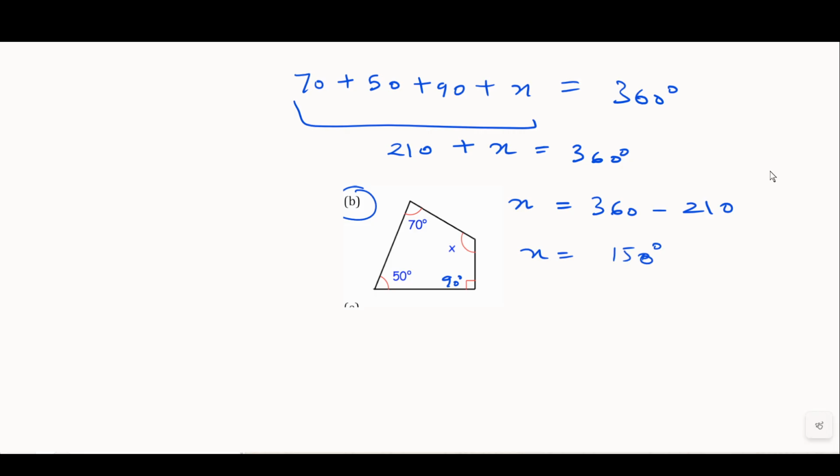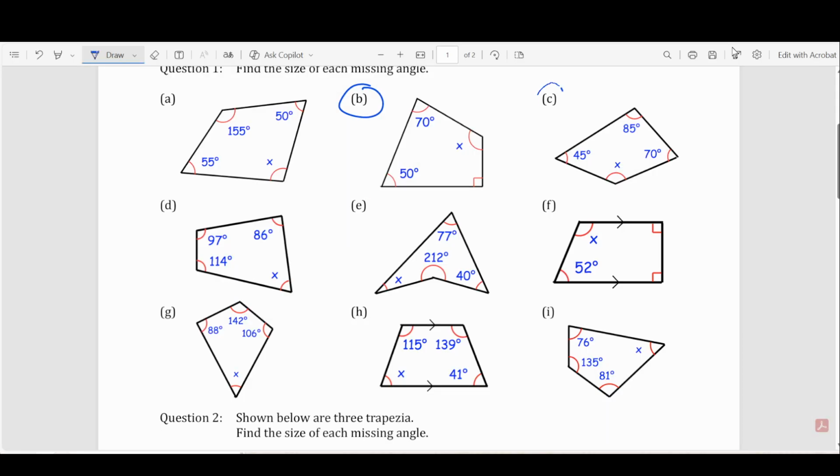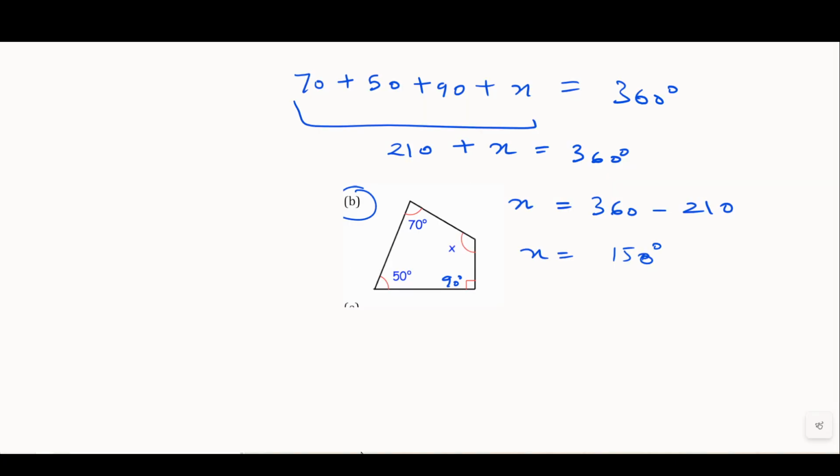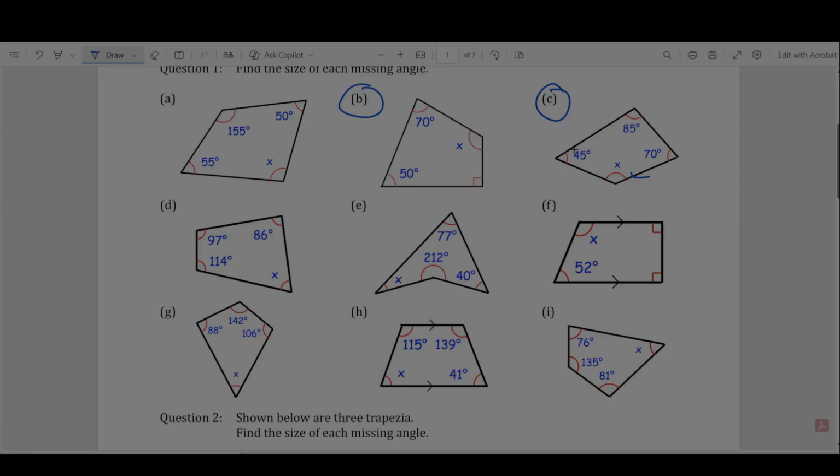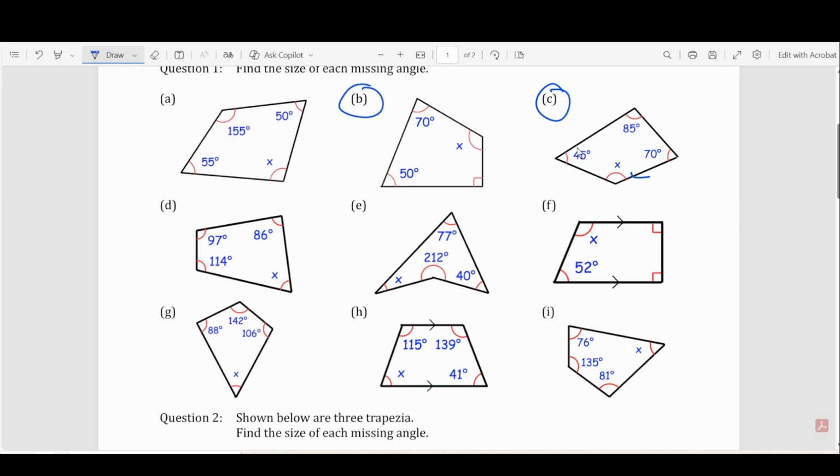Did you get it? Okay, now let's try number C. You try it. Find x. Tell me the steps. 45 plus 85 plus 70. Yes, you add all these.